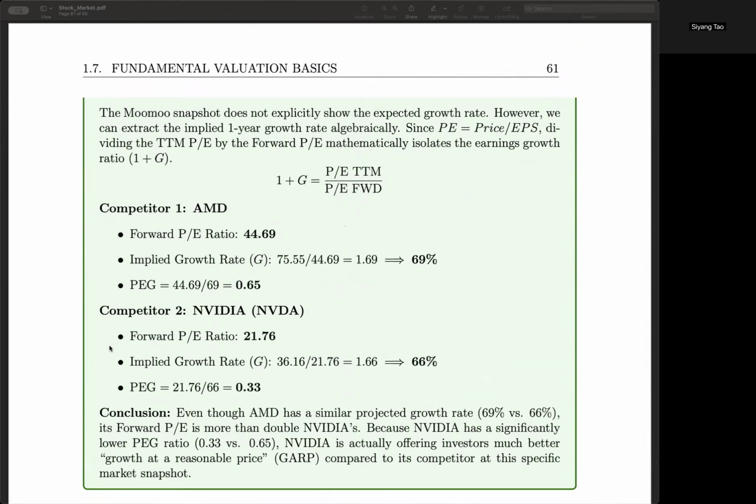For AMD, dividing 75.55 by 44.69 gives us an implied growth rate of about 69%. For NVIDIA, dividing 36.16 by 21.76 gives us a growth rate of about 66%. Now, let's find the PEG.